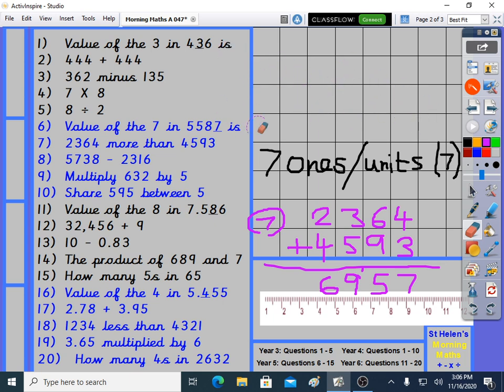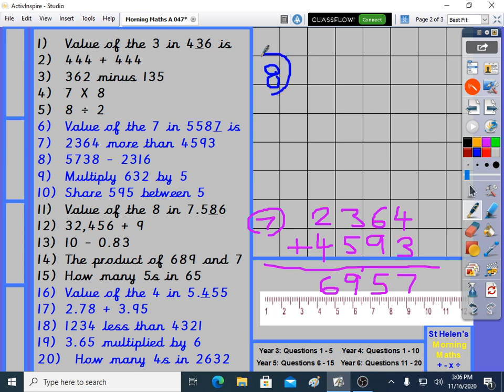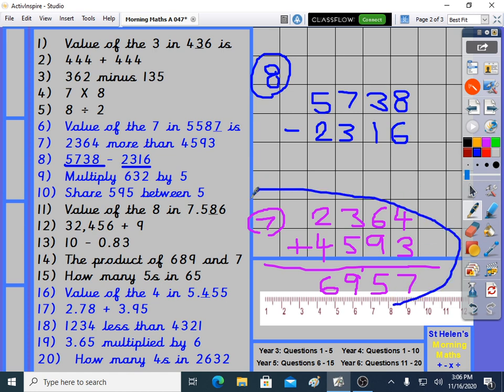And on to question 8, which will be a minus if it's like normal. So we have another 4-digit number minus a 4-digit number. No words in this one, just a sign for minus. 5,738, biggest number is on the top there. 2,316. So in plus, the biggest number doesn't have to be on the top.